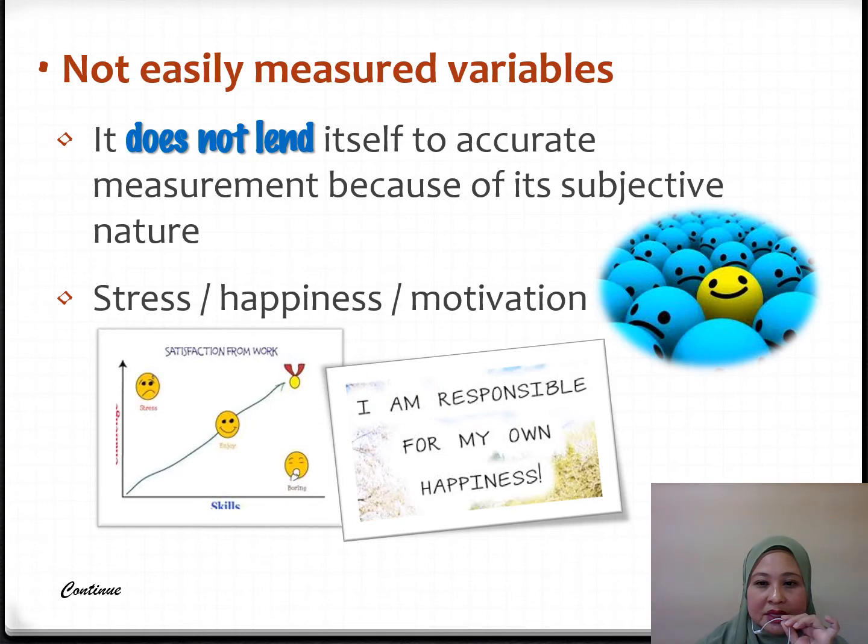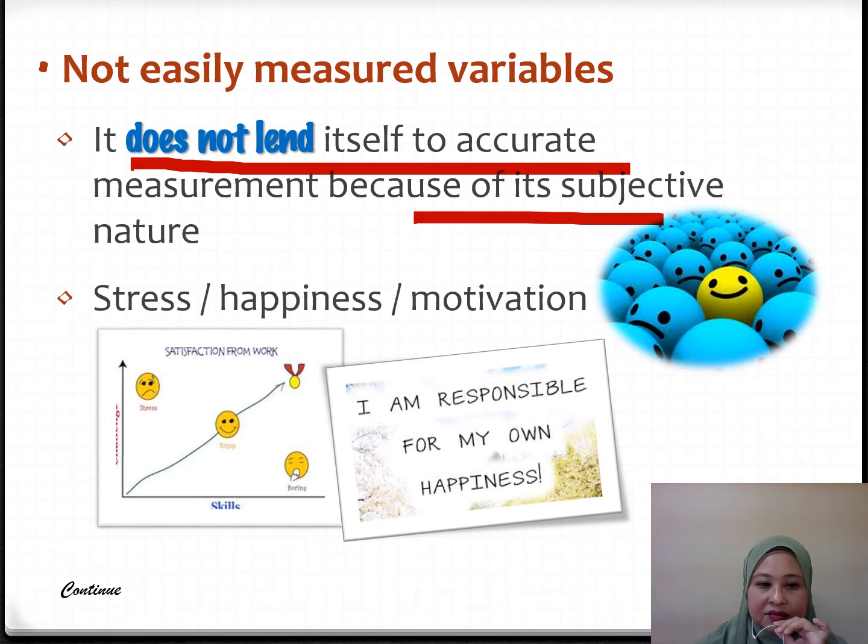And not easily measured variables, right? These are subjective in nature. You can provide 1 to 7, but somehow some people are not really willing to express themselves.